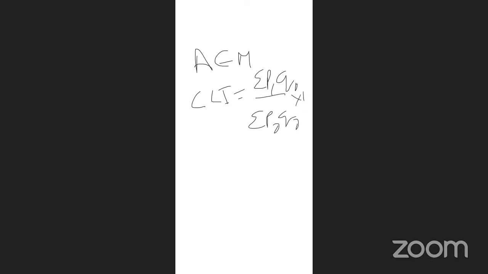This is for the aggregate expenditure method. And as I told you, for the family budget method I already gave you the formula. So let us work out the problem relating to both the methods.